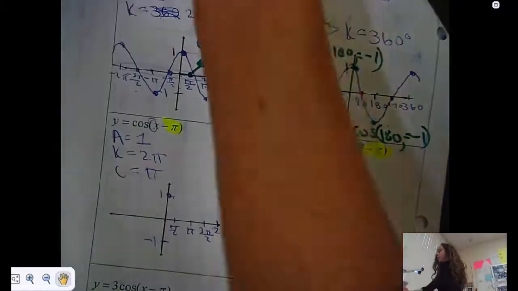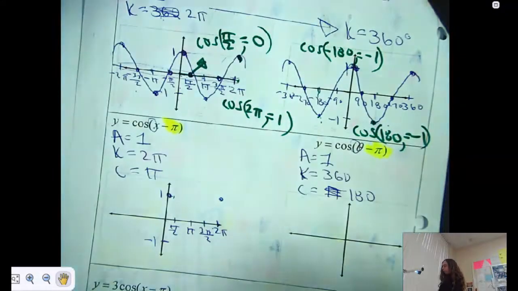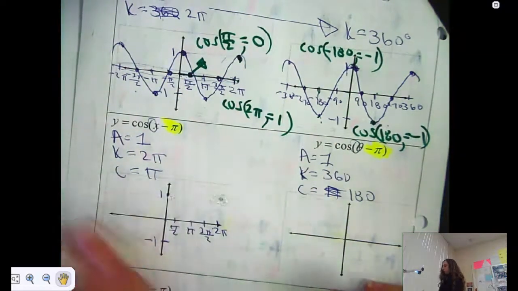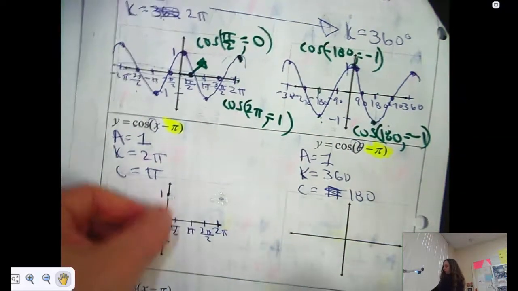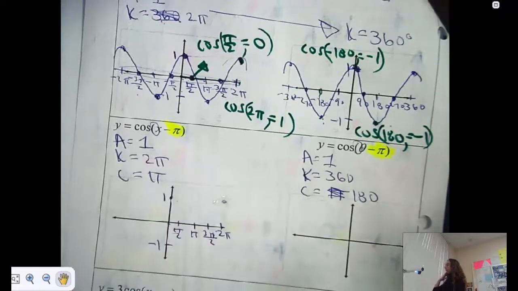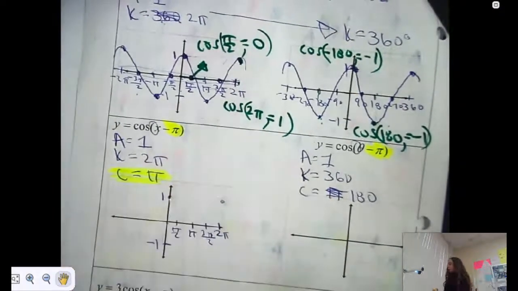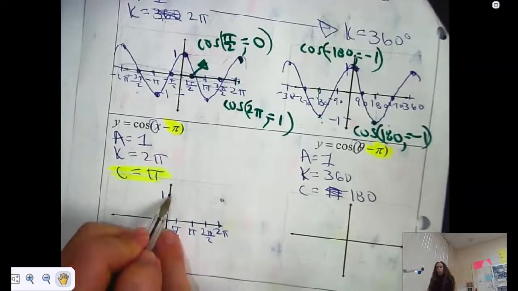The problem is, though, and I should get some white out, is that normally this would be top, middle, bottom, middle, top, middle, bottom. The problem is, though, is that it's phase shifting. So that means my top isn't at 1.